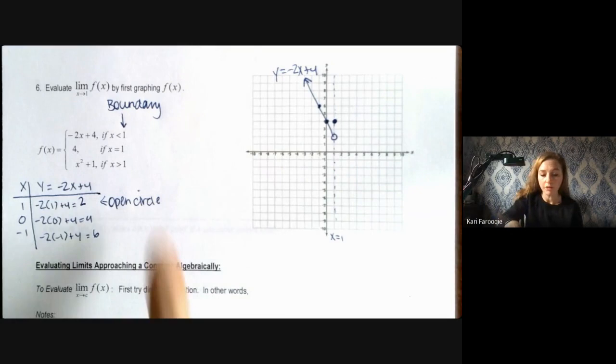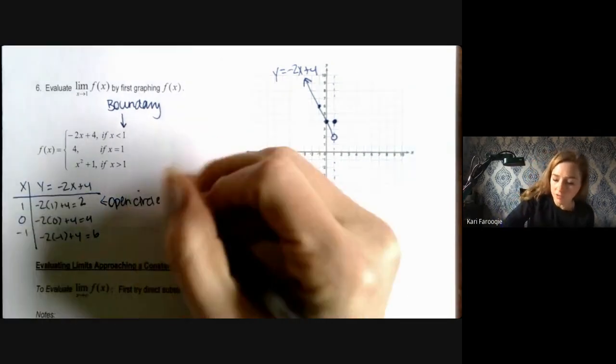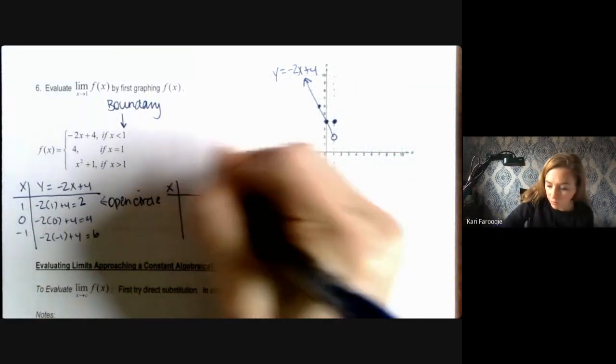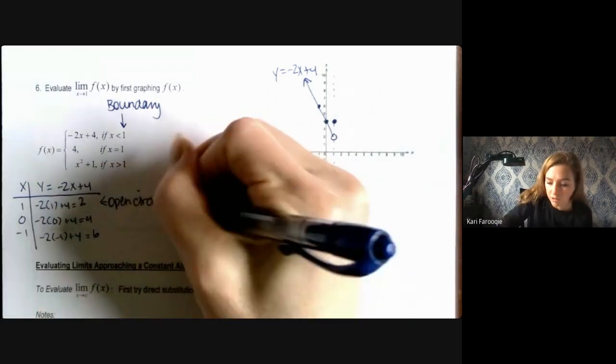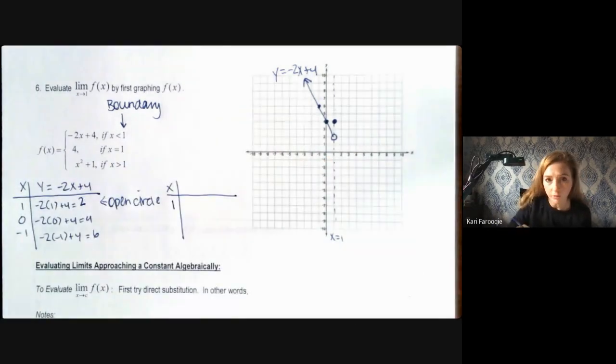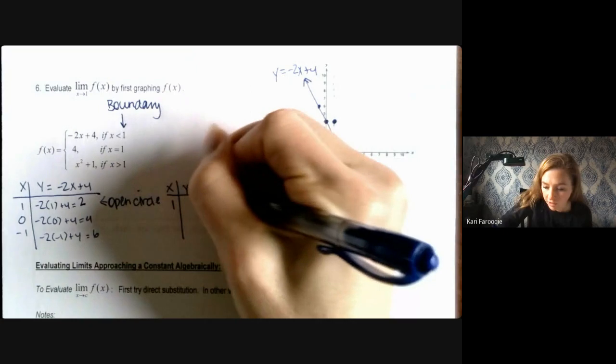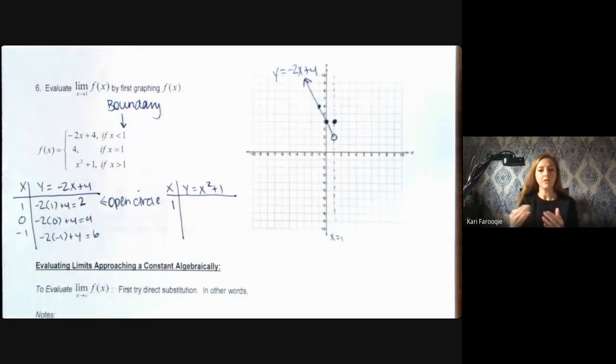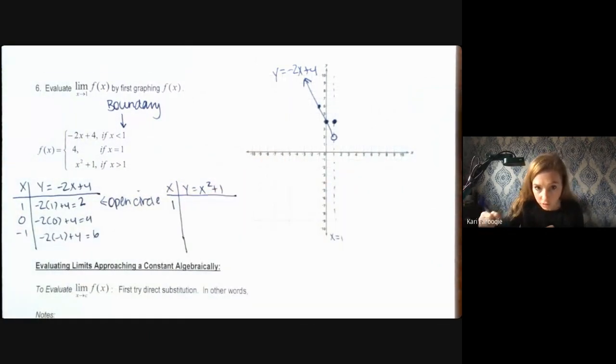Now we'll graph the other portion of this. So I've got x equals, we're going to figure out some values. Again, I'm going to figure out what's happening at the boundary itself. And then the y value is x squared plus 1. Now, we did one of these with the square root where we really had to focus on choosing the correct values of x that would give us nice integers to work with.